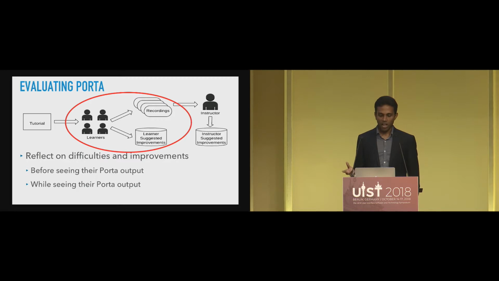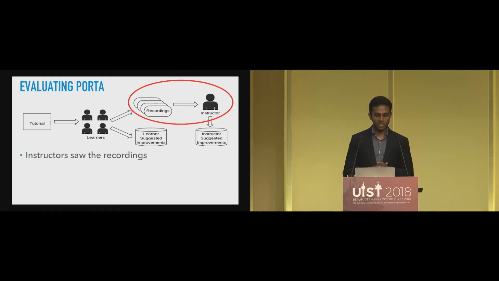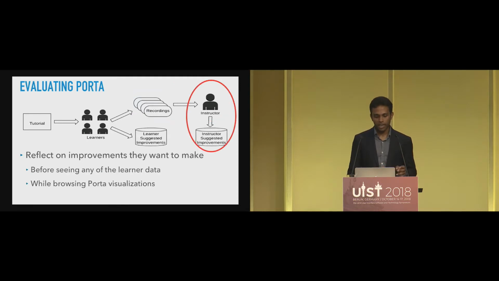They then reflect on the difficulties and the improvements that they can make to the tutorial, initially before seeing their own Porta visualizations, and afterwards while seeing their Porta visualizations. We then had the instructors look at the recordings for those 4 learners. And then the creators reflected on the improvements that they would make to the tutorial, firstly before seeing the 4 recordings, and while seeing the 4 recordings.